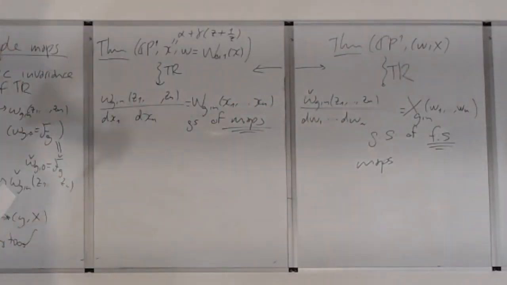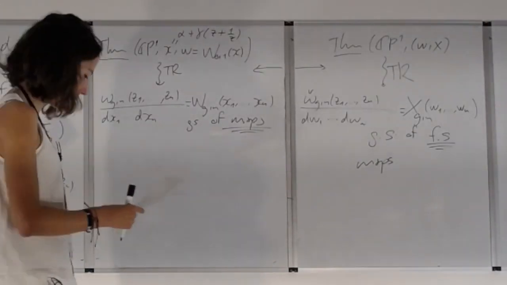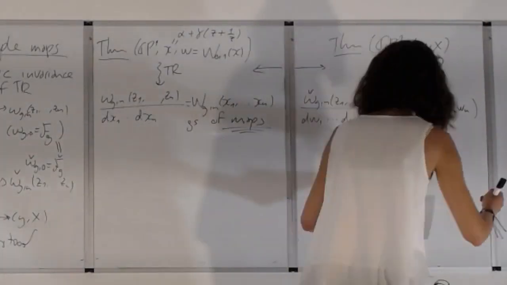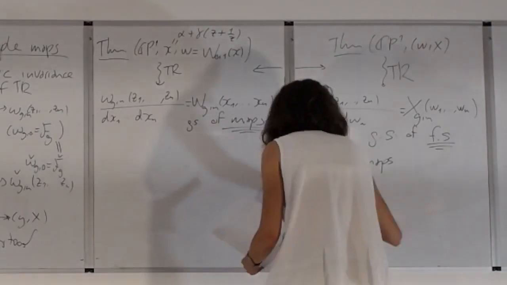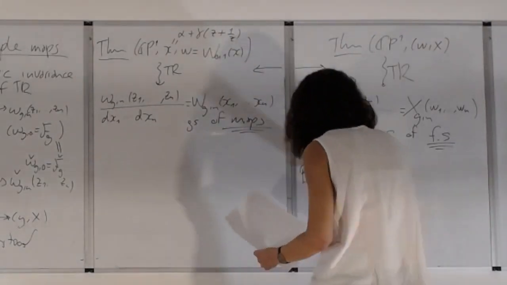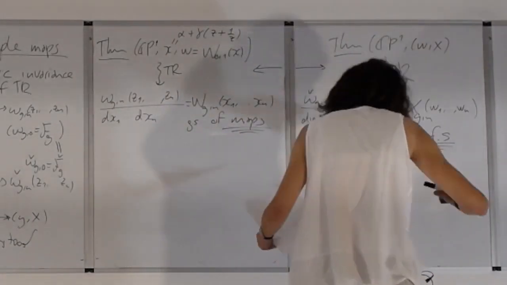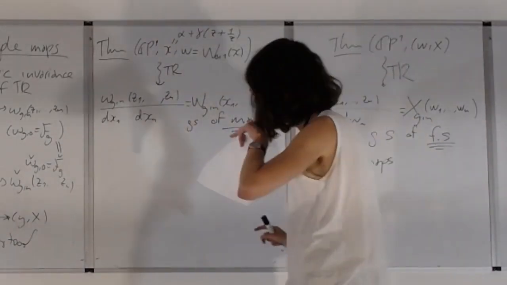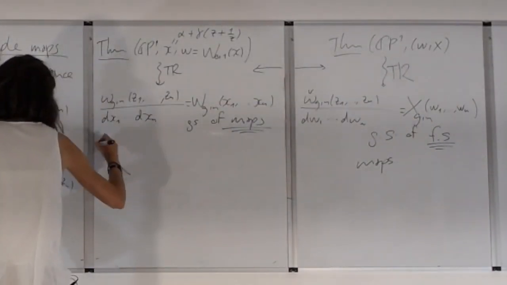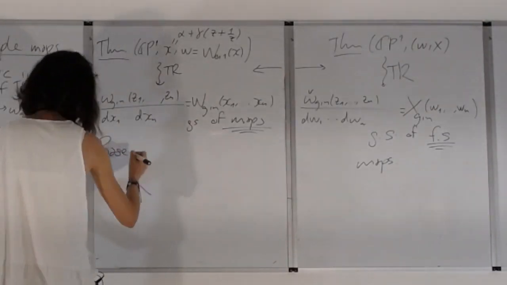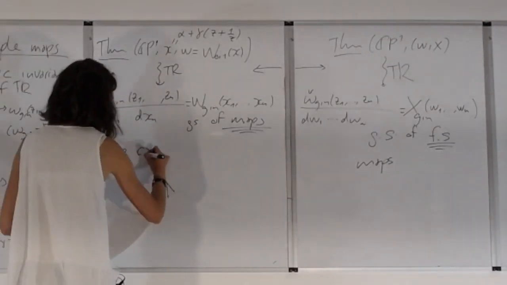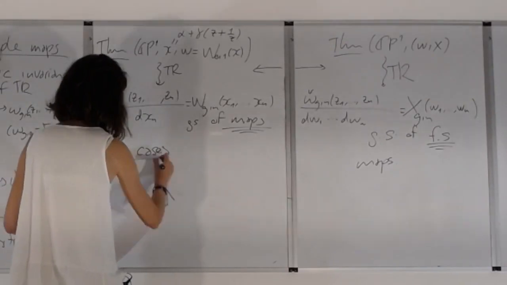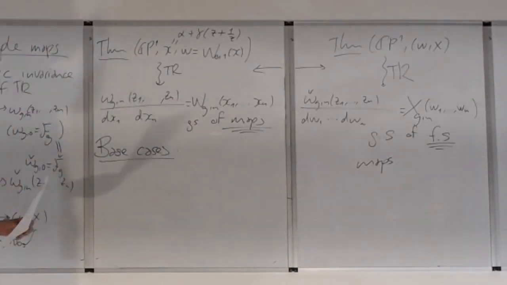Okay, so this is quite nice. But let me tell you what happens. What are the base cases of this theorem? And then maybe a nice exercise, if you want to understand a bit how these combinatorial maps work, is to play with these base cases, because they are easy to prove.